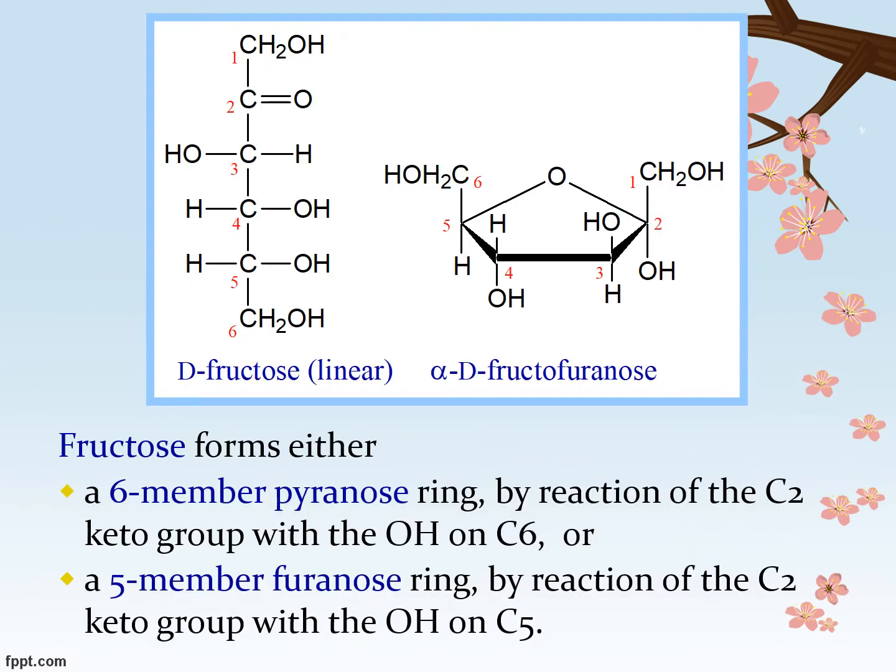So fructose can form either the six-membered pyranose ring, by the reaction between carbon 2, this keto group here, with the OH on carbon 6. To become a five-membered furanose ring, the reaction is between C2 and the OH on carbon 5.